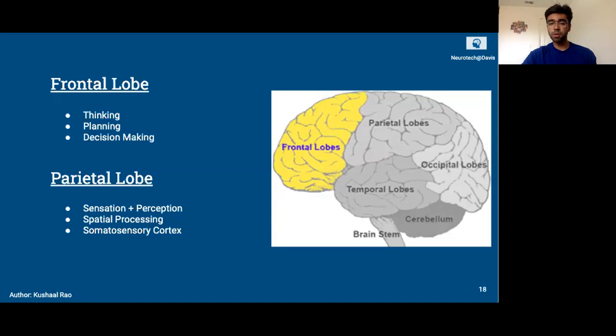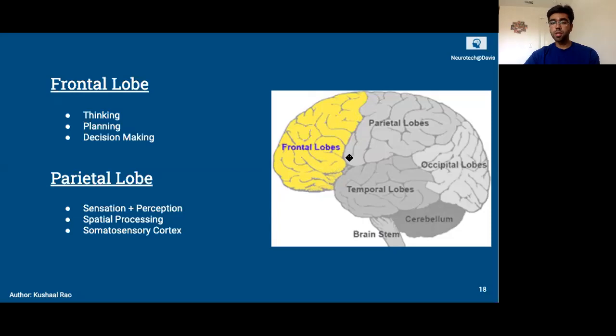You also have the parietal lobe, which is right next to it, on the top part of your head right here, and that's responsible for sensation, perception, and spatial processing in general. Also in this region of the brain are the somatosensory cortex and the motor cortex, right between the frontal lobe and the parietal lobe.